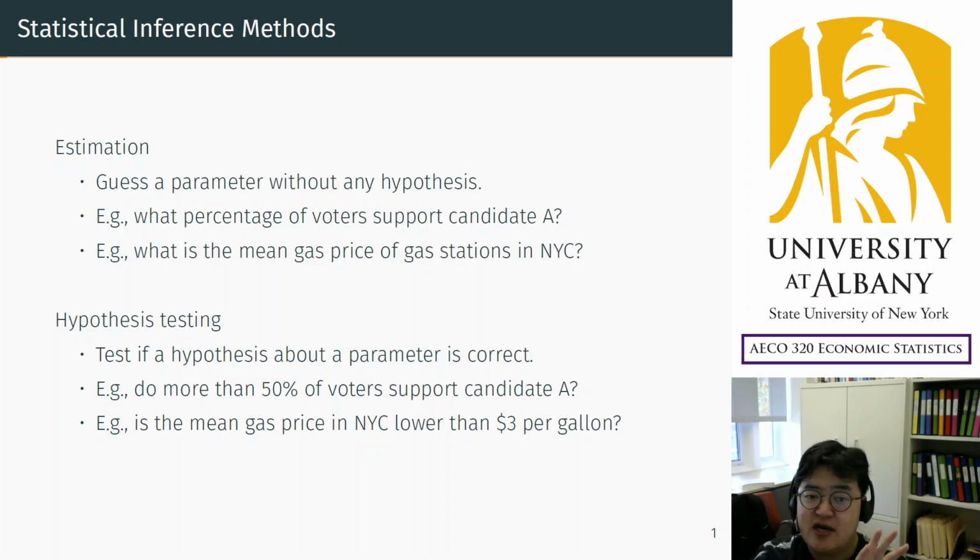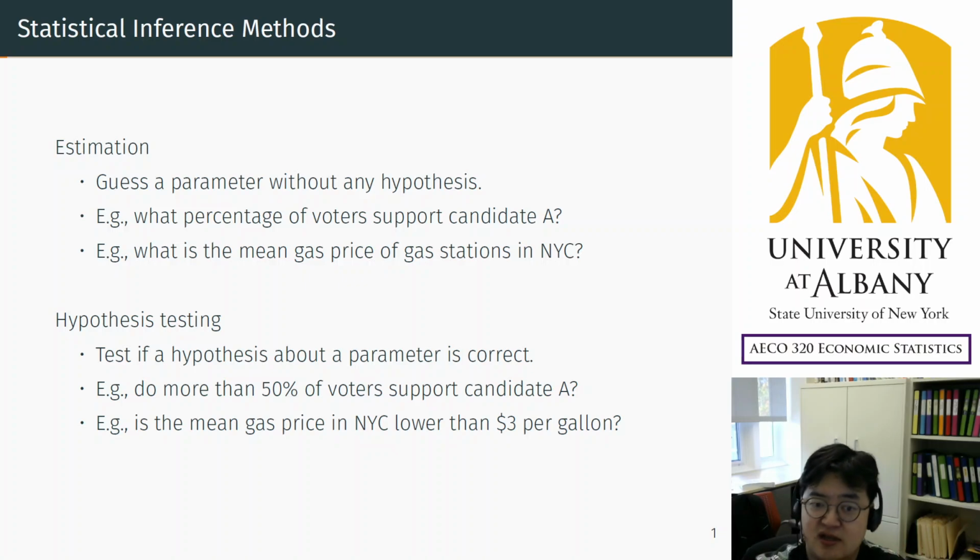Estimation and hypothesis testing are two major inference methods in statistics. Simply speaking, estimation is a method that is asked as an open question, right? What is the value of this parameter? That is estimation. But hypothesis testing is more like a yes or no question.